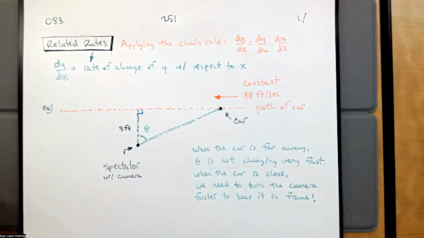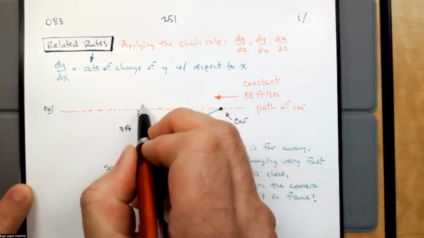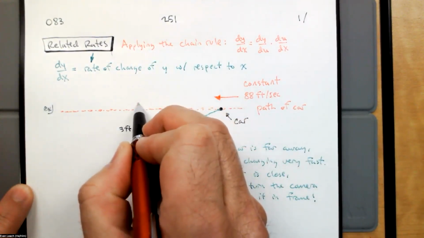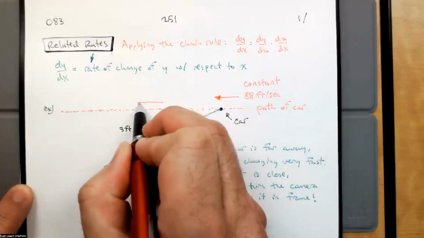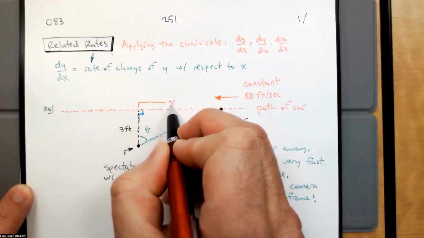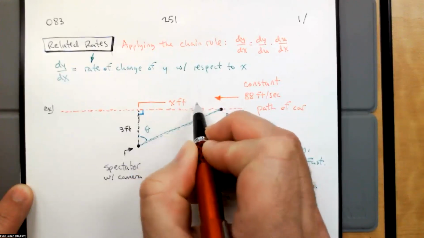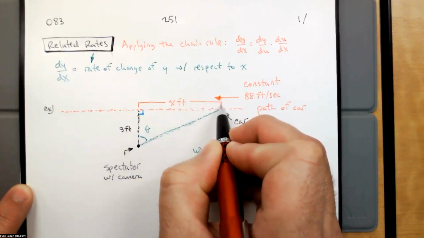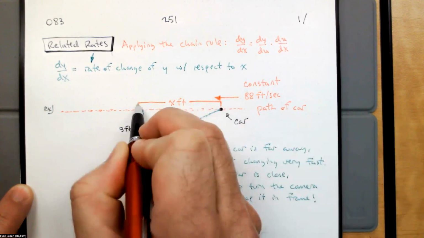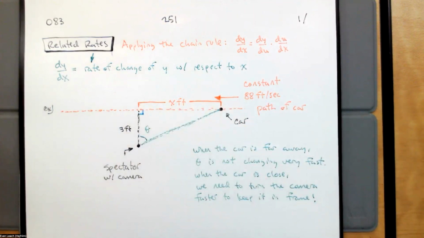All right. So I'm going to say that the car is x feet from the point closest to the spectator, 3 feet to the spectator. The reason I want to use that is because I have information about the car's approach, how x is changing with respect to time.